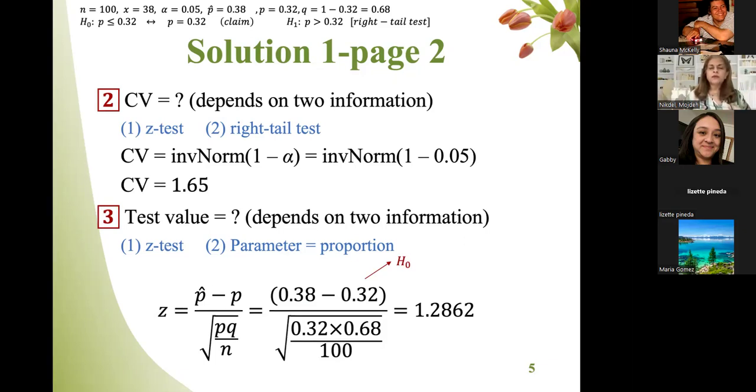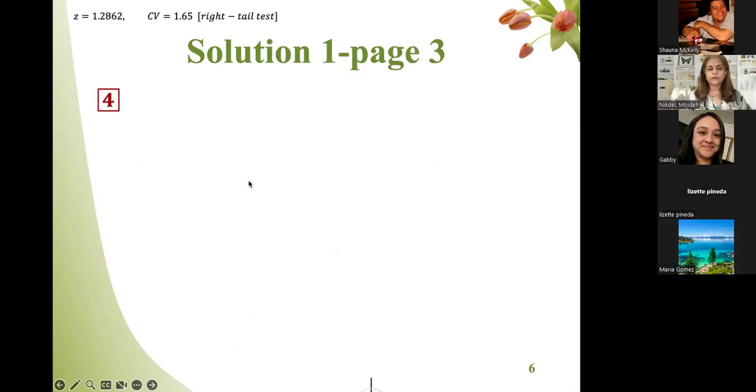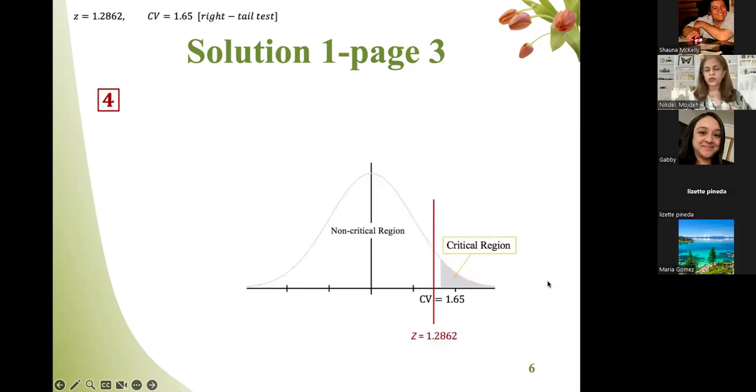Now, step 4 is to decide to reject or not reject null. We always decide to reject or not reject null. For the traditional method, you draw your Z-curve and locate your critical value on your graph. Since we are dealing with the right tail test, you shade the right tail. Here is our Z-curve. Here is the location of your critical value, 1.65.